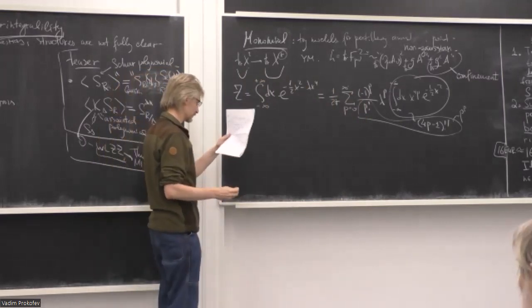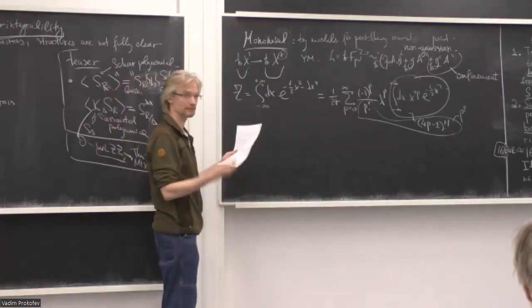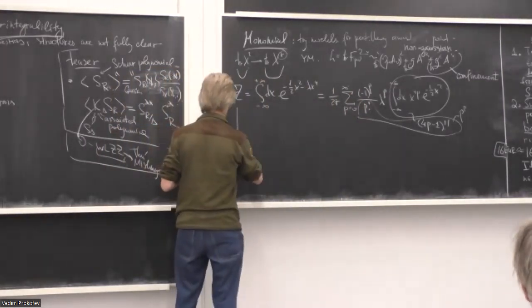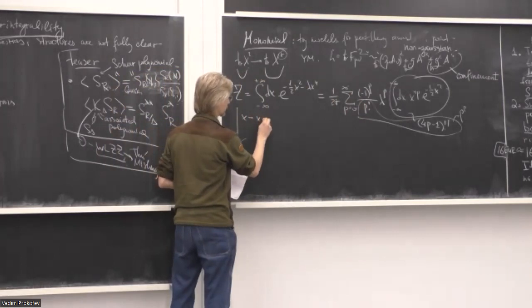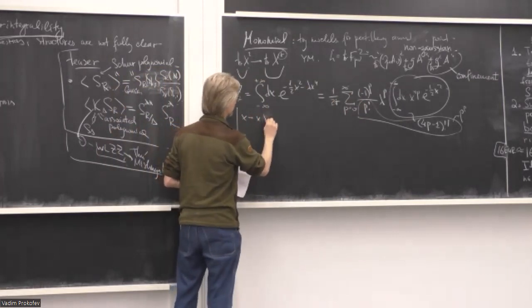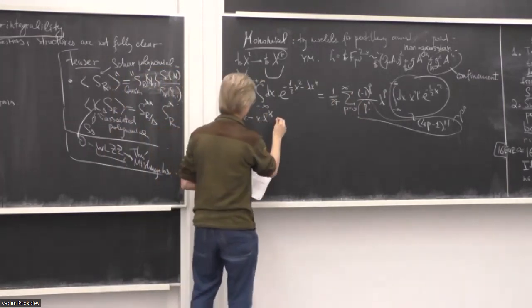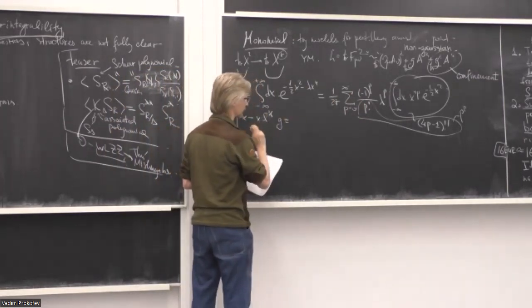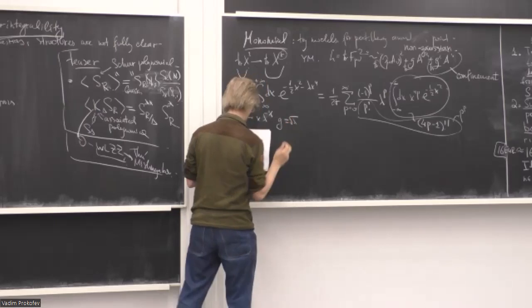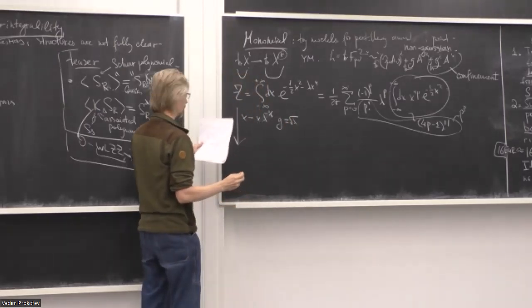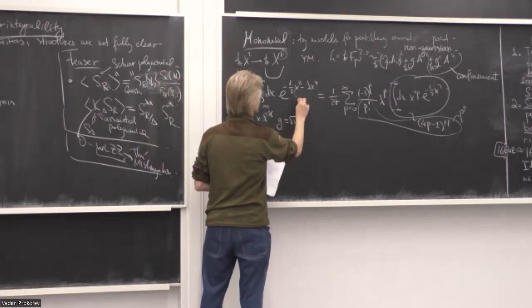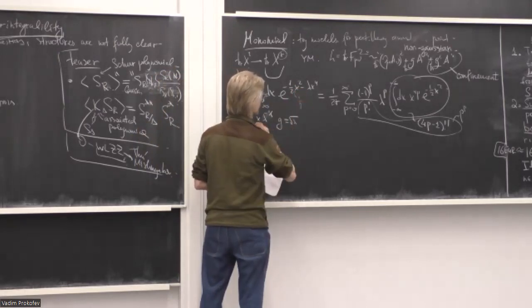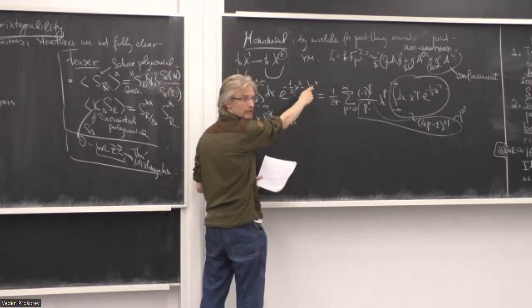And to obtain the actual answer, it is possible to act differently in this case, which is to rescale x, so x goes to x times lambda to the minus 1/4, and then let us redefine the coupling constant g equals square root of lambda. And so what will happen is that this 1/g will appear here, but the lambda dependence will disappear here.